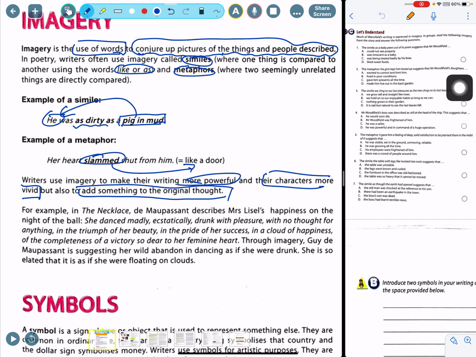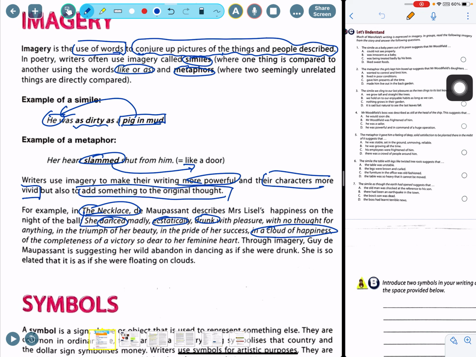Alright, so right here in The Necklace, again this phrase: she danced madly, ecstatically, drunk with pleasure, no thought for anything, triumph of beauty, pride of success, in a cloud of happiness. So you see dancing like a cloud of happiness, ecstatically drunk, the completeness of a victory.